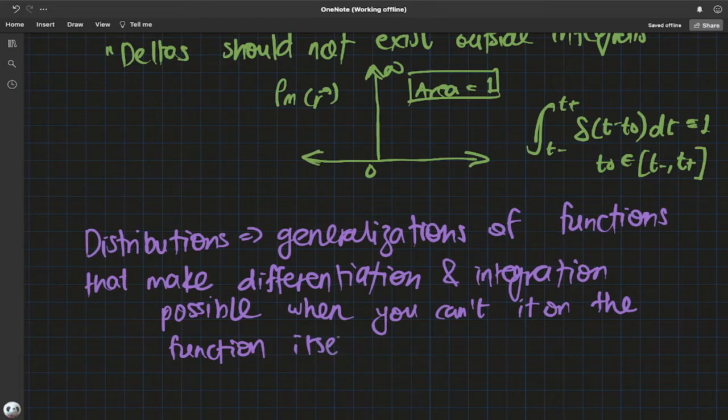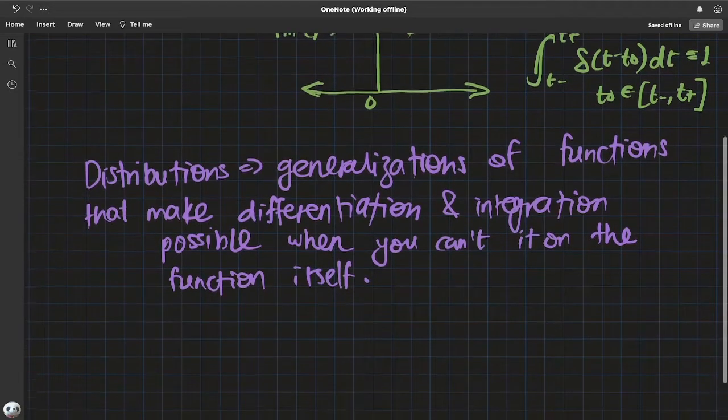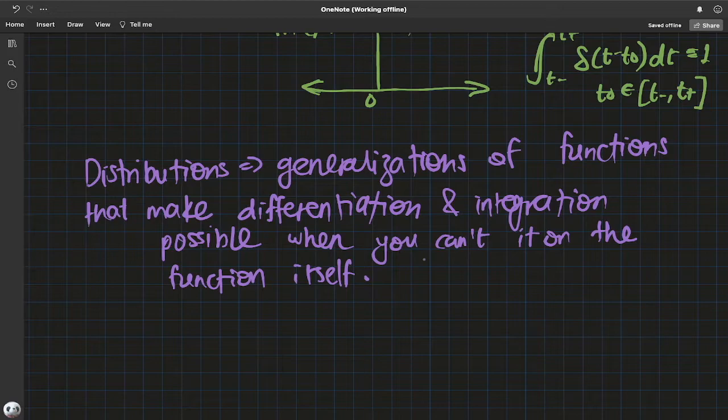So you can perform these operations on the generalization of the function, which is the distribution, when you can't do it on the function itself.